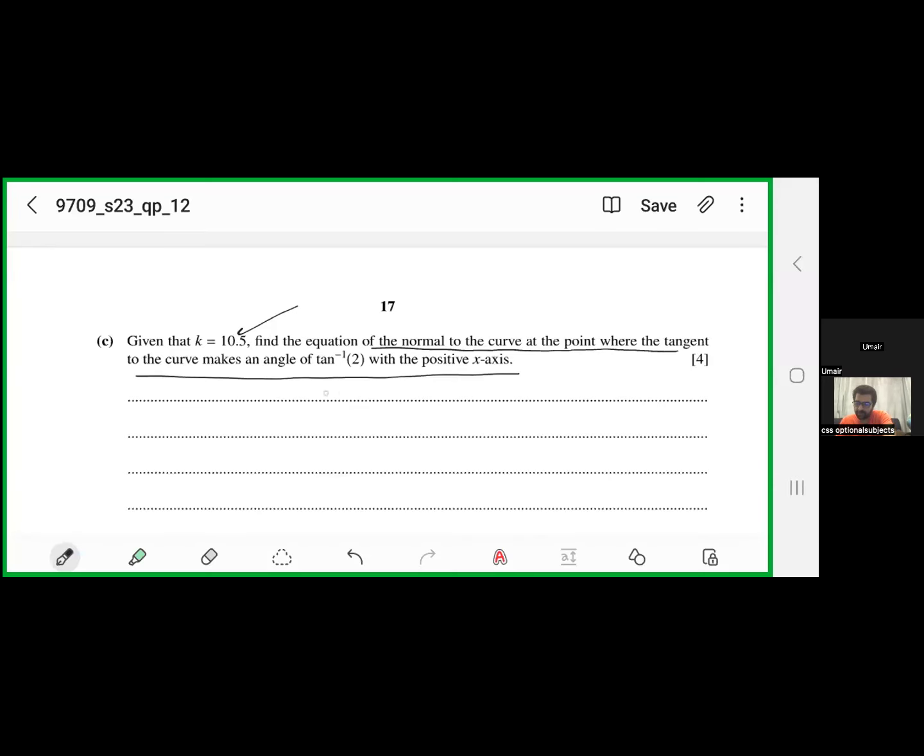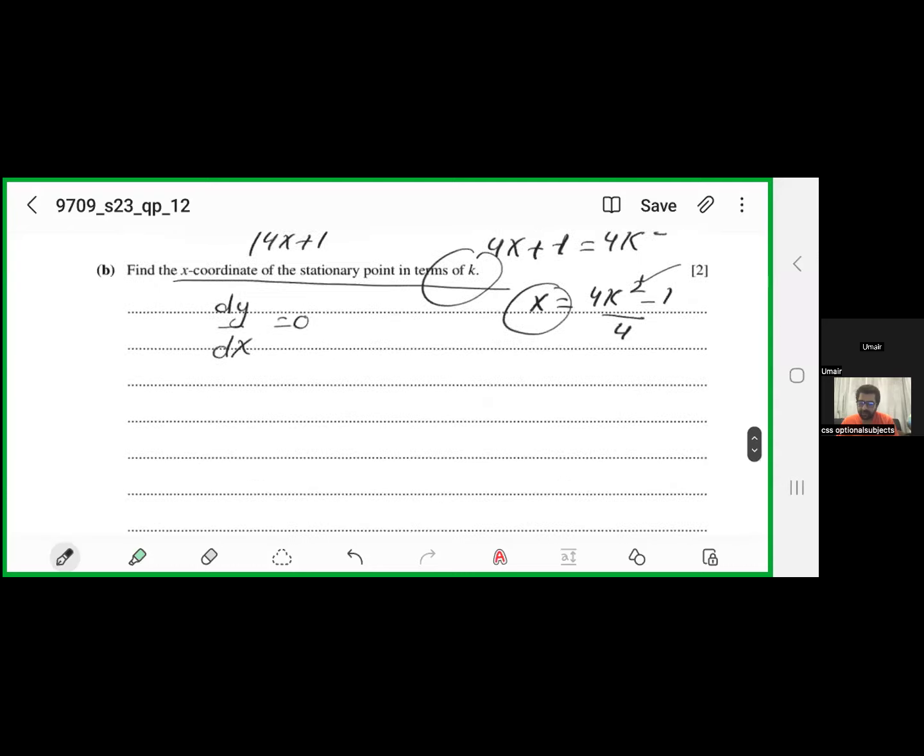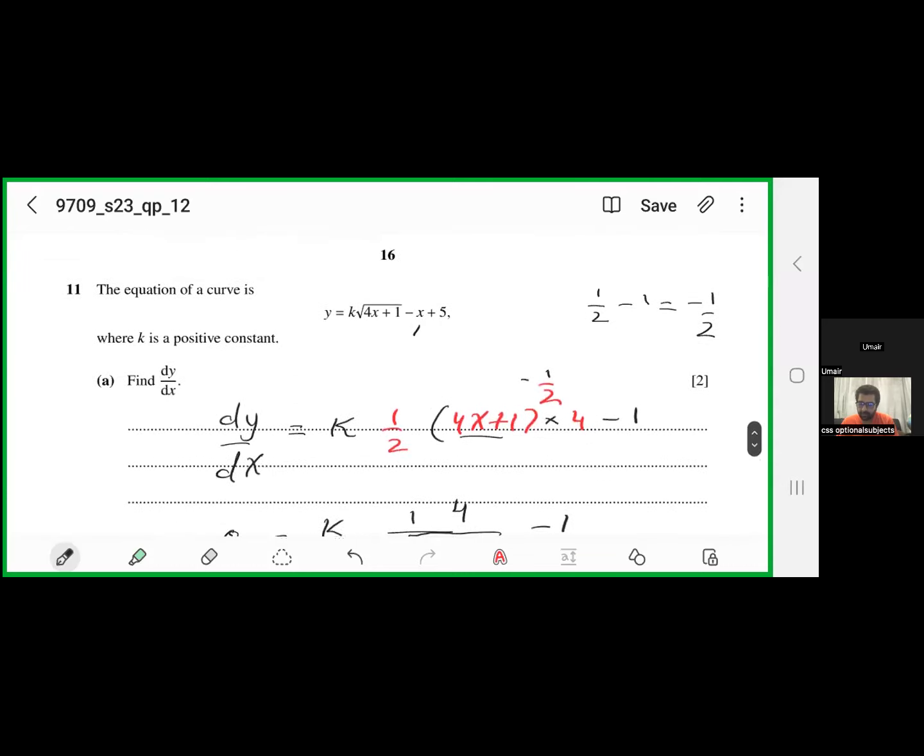So here you have been given that tan inverse is 2. So basically tan theta, which is 2, and tan theta is dy by dx, which is the gradient of the tangent, that is 2. Okay, this is gradient of tangent. So we have to find equation of normal.